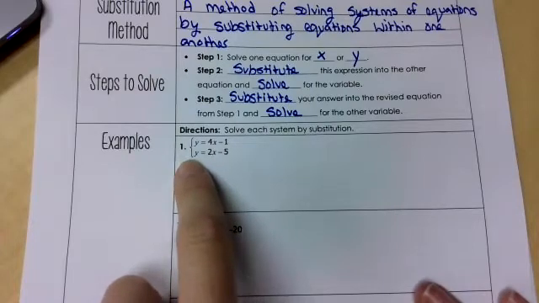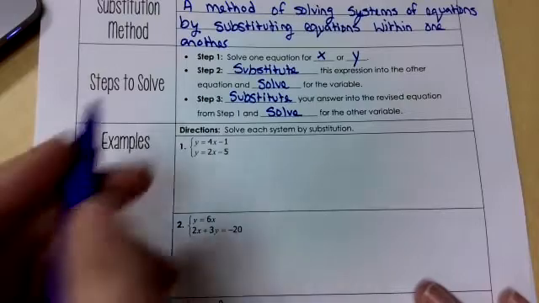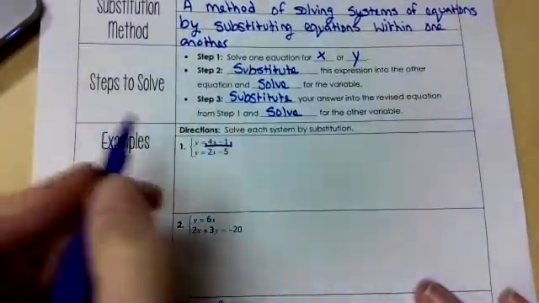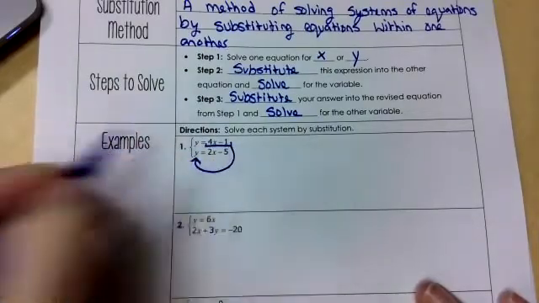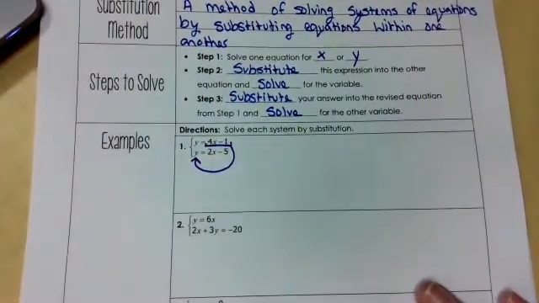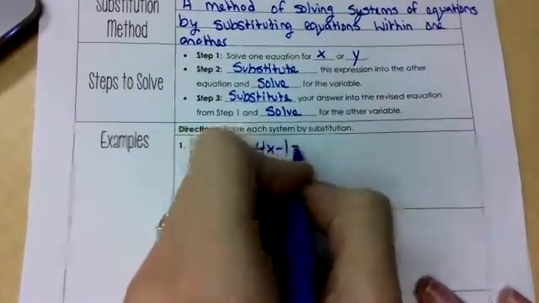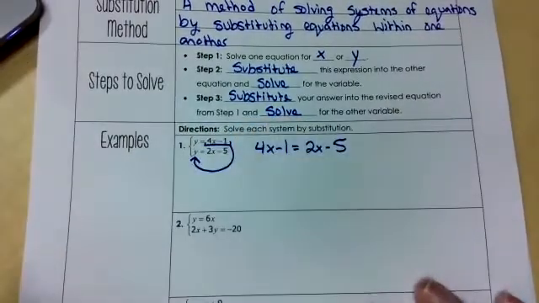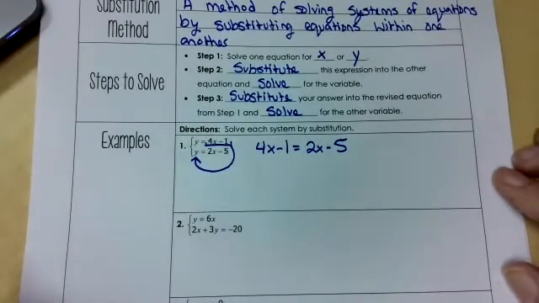So what I can say is if y equals 4x minus 1, I can take 4x minus 1 and plug it in, or substitute it in, for y in the other equation. Now I'm dealing with just x's and I can solve for my x's.